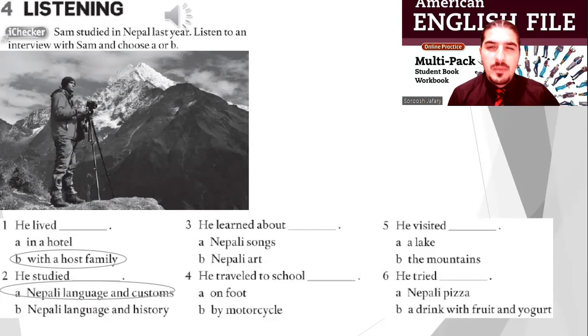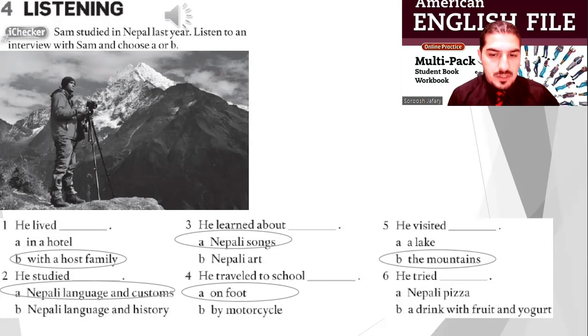Number 3, he learned about what? Nepali songs. Number 4, he traveled to school how? On foot. Number 5, he visited A or B? The mountains. Number 6, he tried. What did he try? A drink with fruit and yogurt. Right. Well done. Very good.